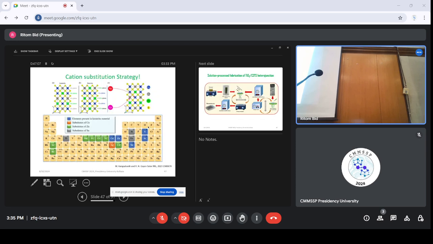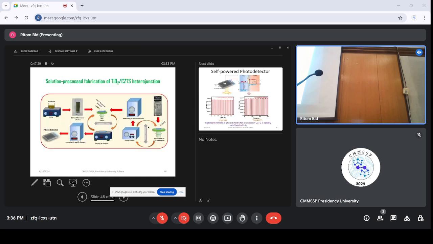Now, cation substitution is one recent strategy to reduce the point defects or vacancies. We can substitute partially or fully the copper, zinc, or tin cations by materials of similar ionic radius with higher activation energy, so that the probability of forming defects is less. At the same time, it increases the efficiency of the devices.